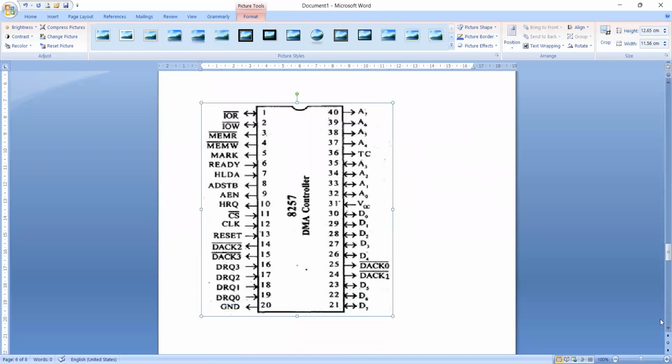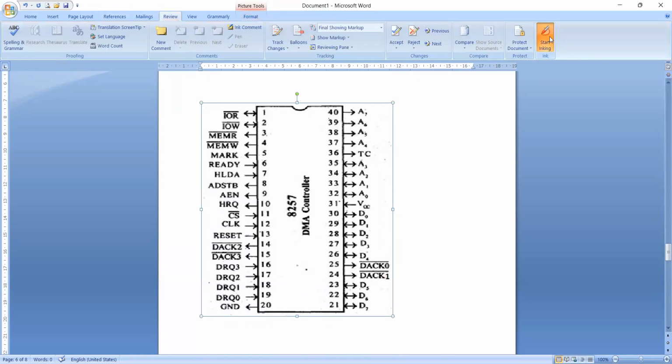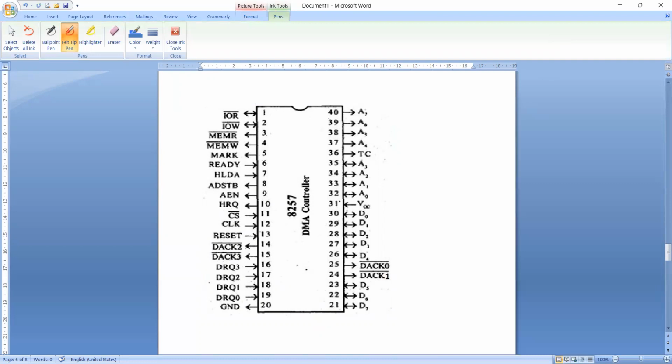Here, I explained each and every pin: IO write and IO read, memory write, and the MARK signal after every 128 bytes of cycles, which will be activated on integral multiples of 128. The READY signal makes the 8257 ready by inserting wait states. HLDA, as I already explained, is the hold acknowledgement from the CPU to 8257.